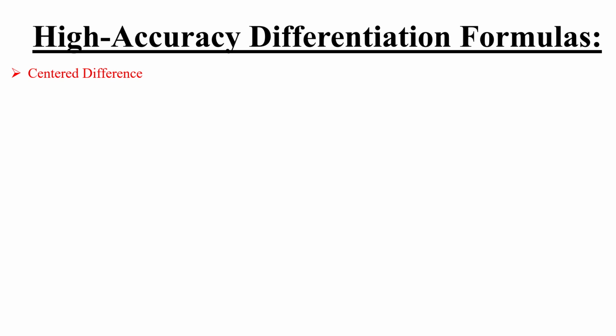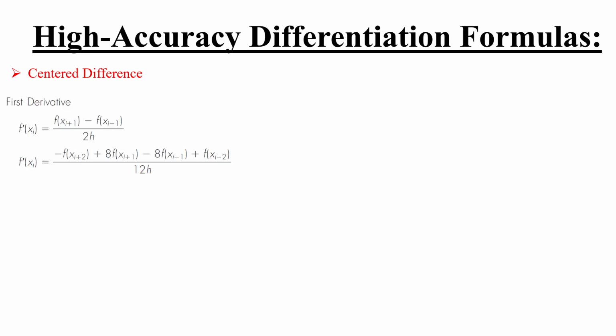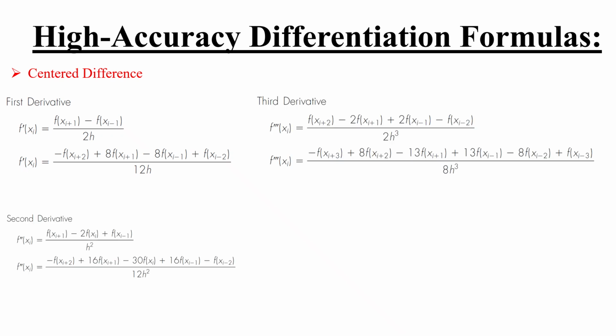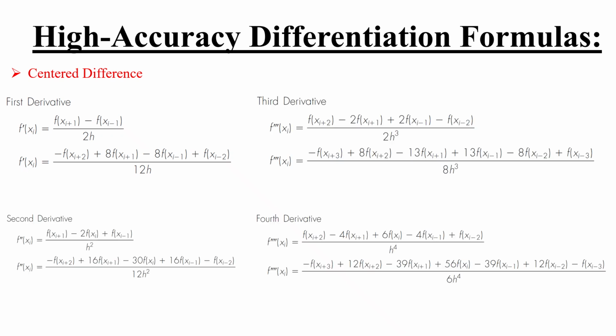Now we can extend this formulation to the central, where we can have a better approximation of h square. When we use this, it is further improved to h power 4. So we can have first order, second order, third order and fourth order, as we have in case of forward and backward formulations.